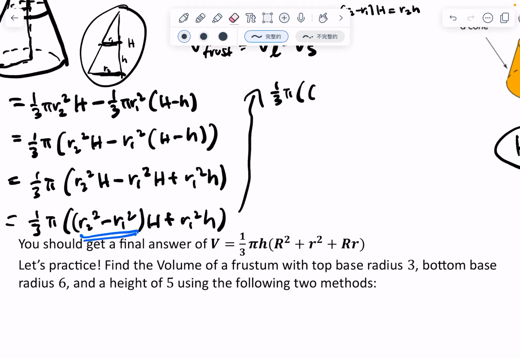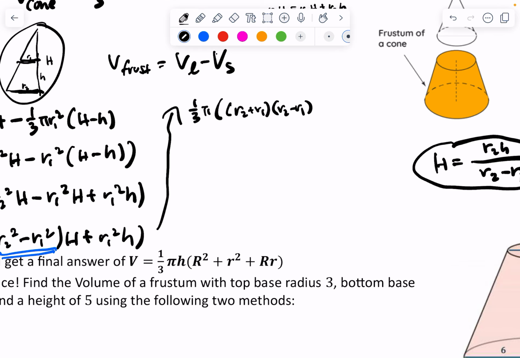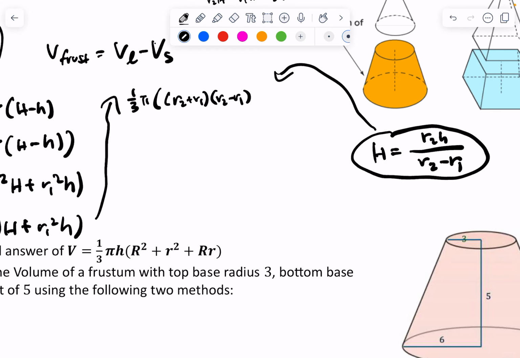And then we use the difference of squares formula for R2 squared minus R1 squared. So we get this. And then h plugging in would just be this thing. So we would just say R2h over R2 minus R1.